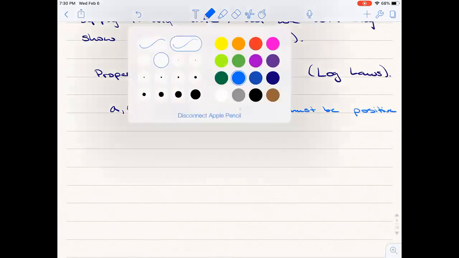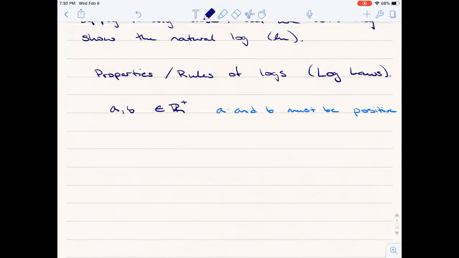So A and B can be any value from 0 to positive infinity. Can it include 0? Sort of, yes.